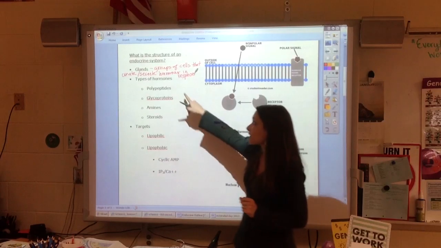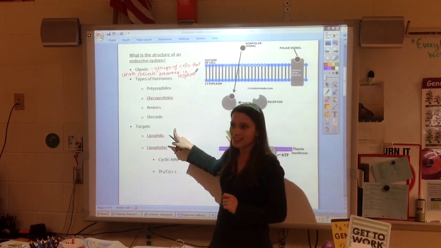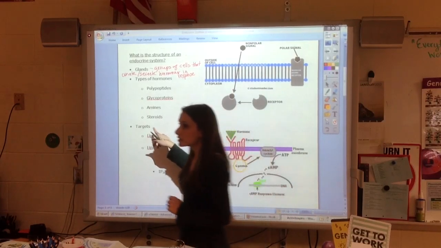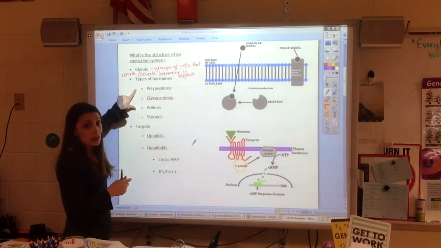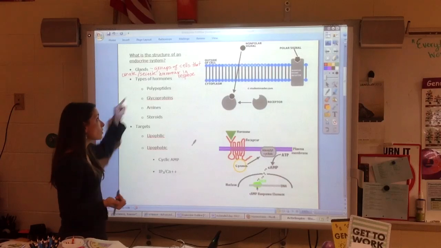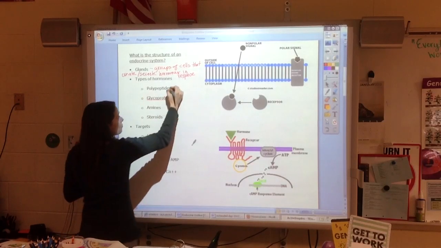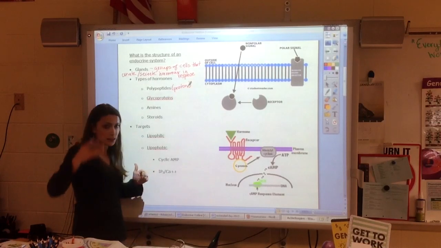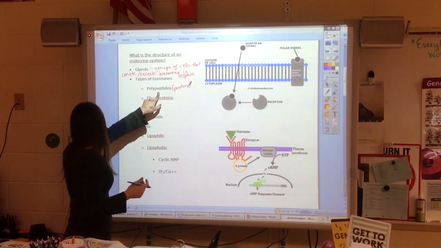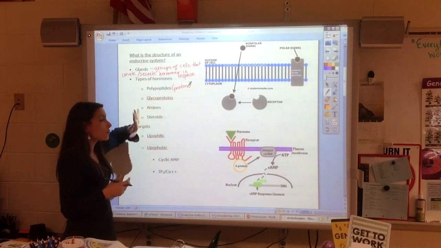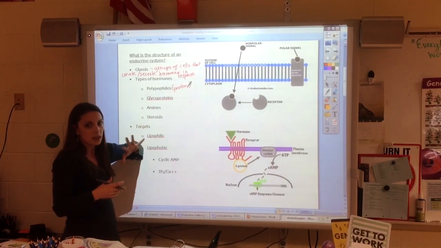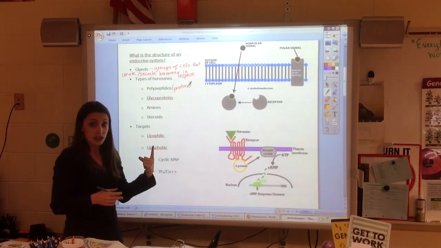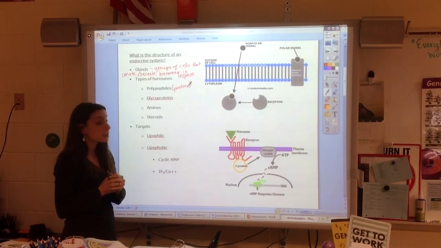When we look at the types of hormones, this is an important category to make sure that you pay attention to, because the type of hormone is going to have a big effect on what it can do. Polypeptide, this is really another word for protein. And so going back to thinking about many peptide bonds, it definitely has primary protein structure, which is the amino acid sequence.